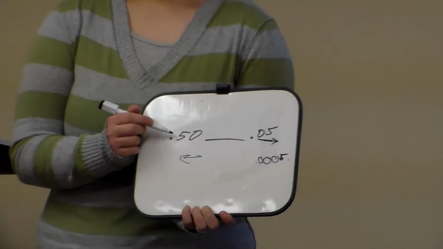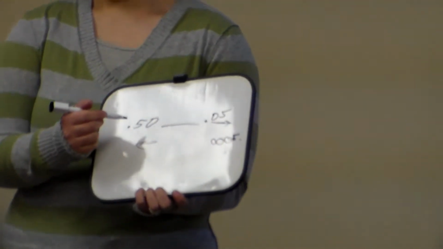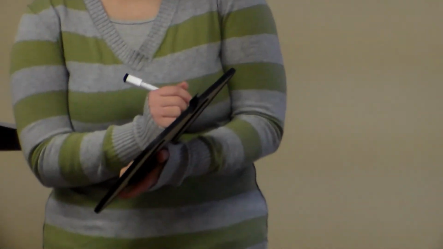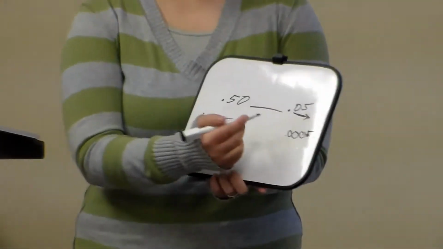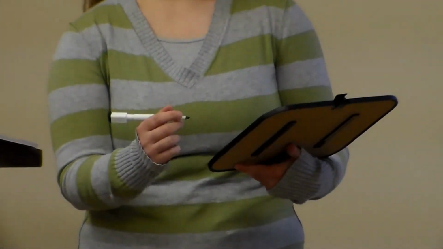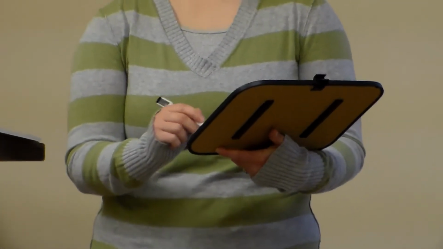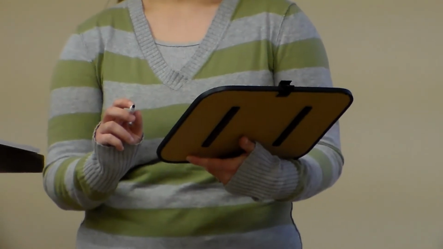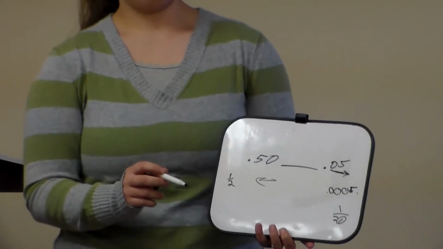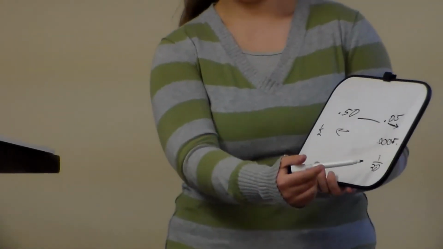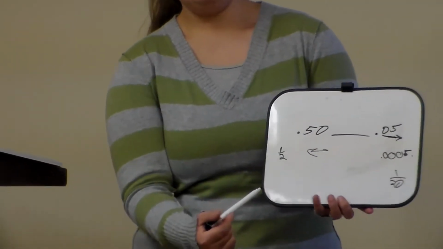So our 0.50 is going to be bigger. This is the same as saying 1/2, and this would be 1/20th. So you can see which one is bigger. Does that make sense? Okay. Let's do one more just to make sure we got that.